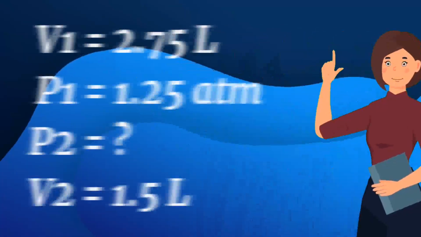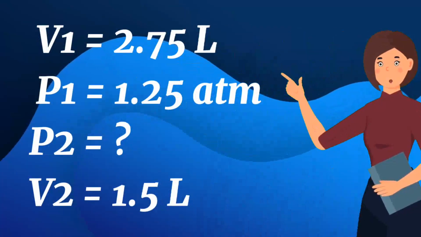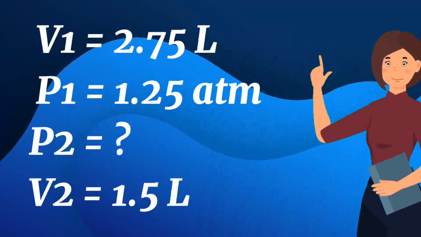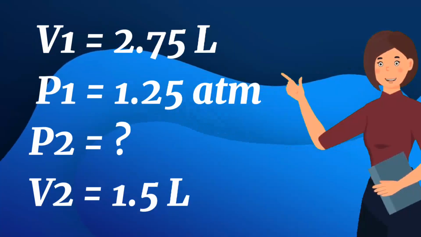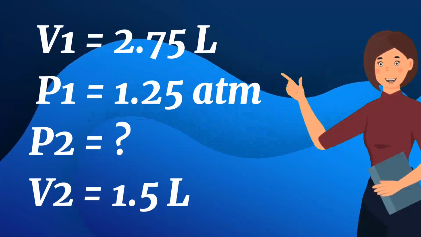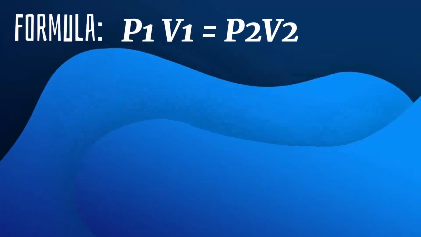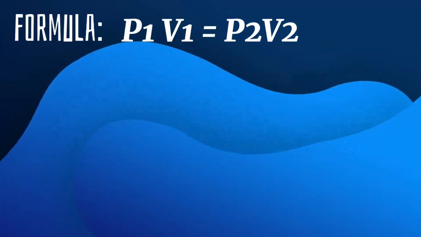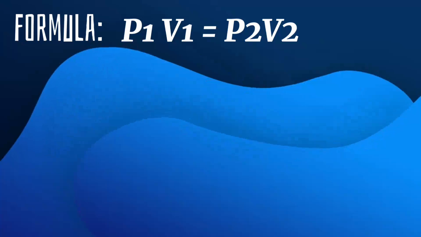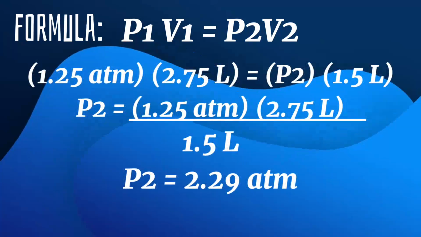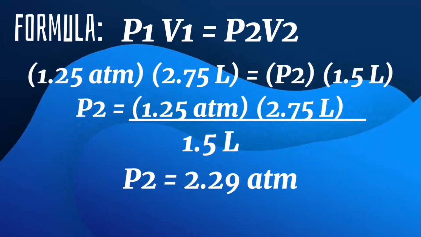We have V1 equals 2.75 liters, P1 equals 1.25 atmosphere, P2 is unknown, V2 equals 1.5 liters. The formula is P1 V1 equals P2 V2. Solving for the final pressure, we have 2.29 atmosphere.